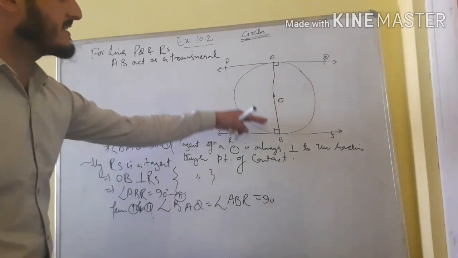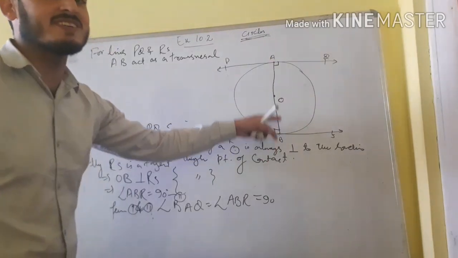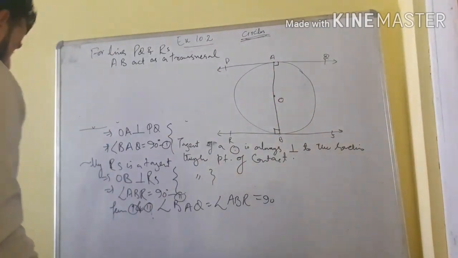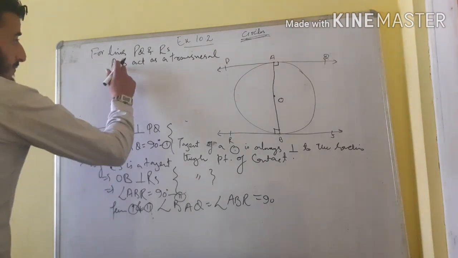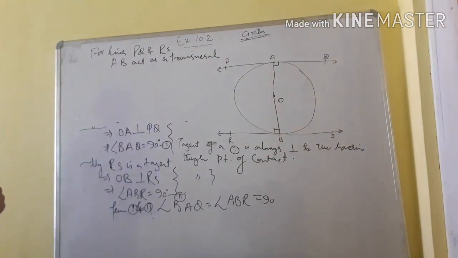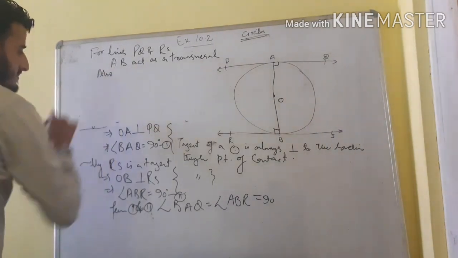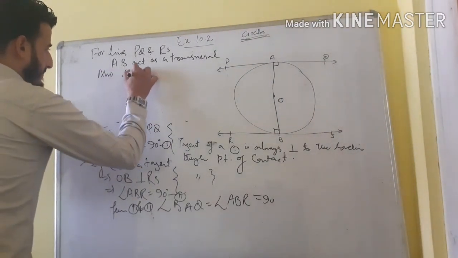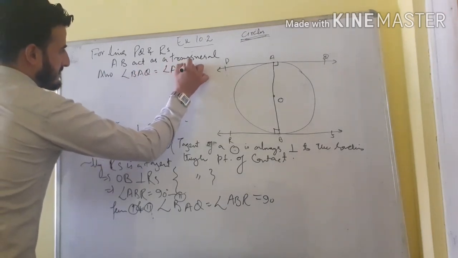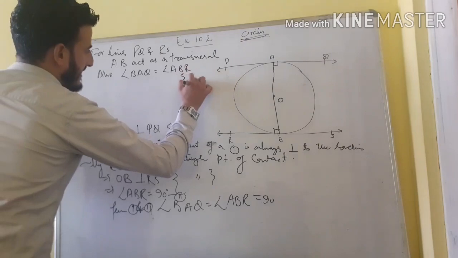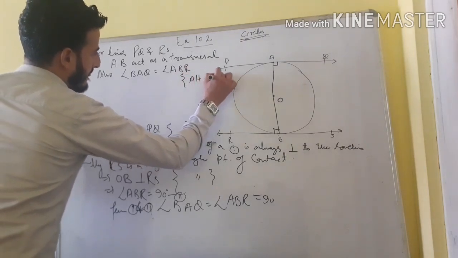PQ और RS के लिए जो AB है वो एक ट्रांसवर्सल की तरह है, and if it is transversal, for the lines PQ and RS, AB act as a transversal. Also, angle BAQ is equal to angle ABR. That means alternate interior angles are equal.